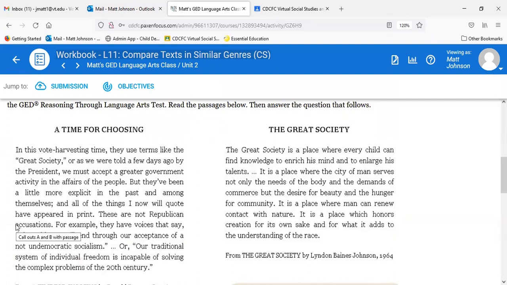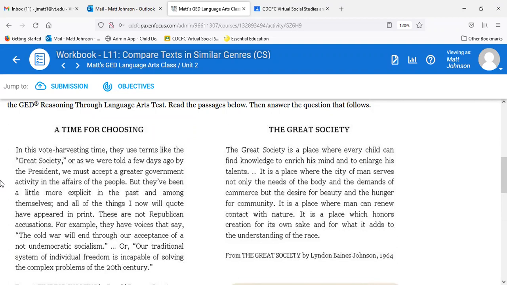In this vote harvesting time, they use terms like the Great Society, or as we were told a few days ago by the president, we must accept a greater government activity in the affairs of the people. But they've been a little more explicit in the past and among themselves, and all of the things I now will quote have appeared in print. These are not Republican accusations, for example.